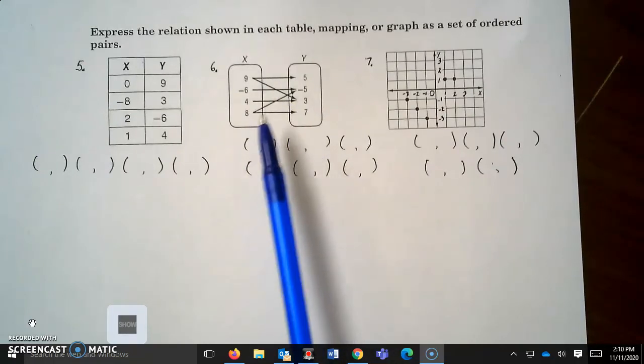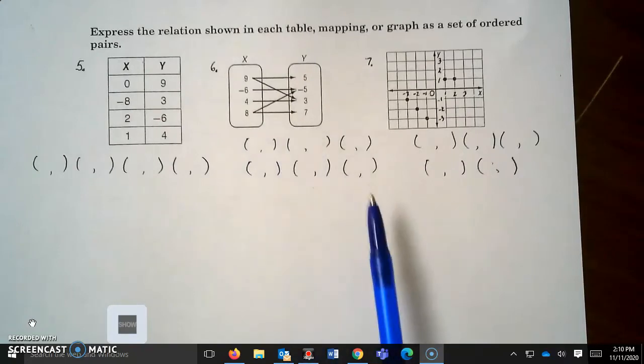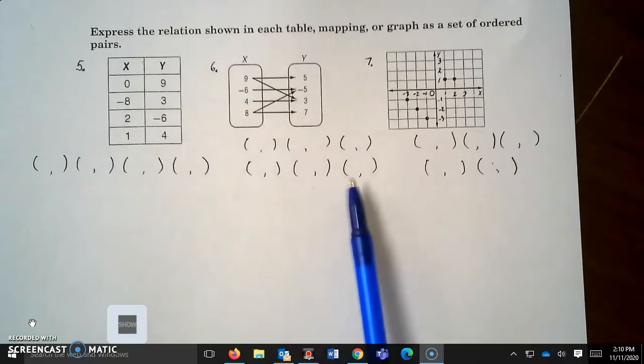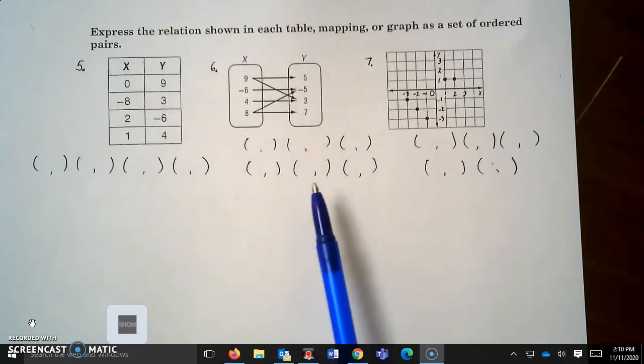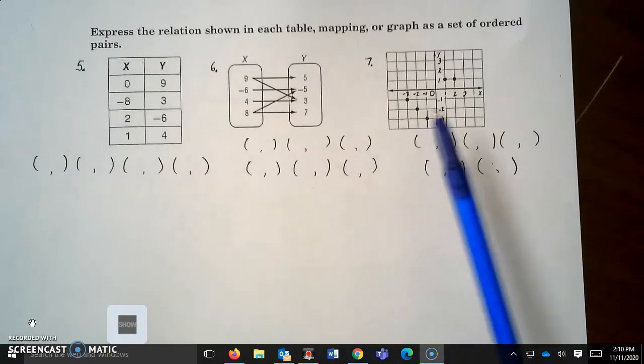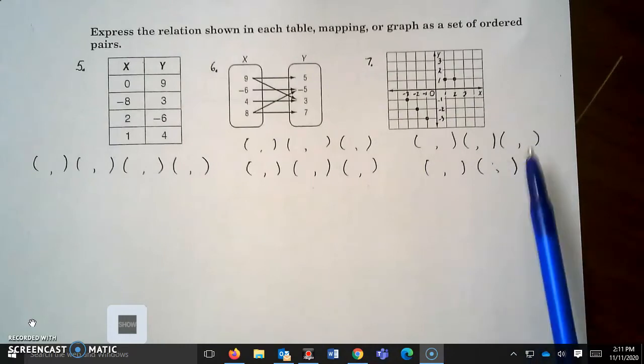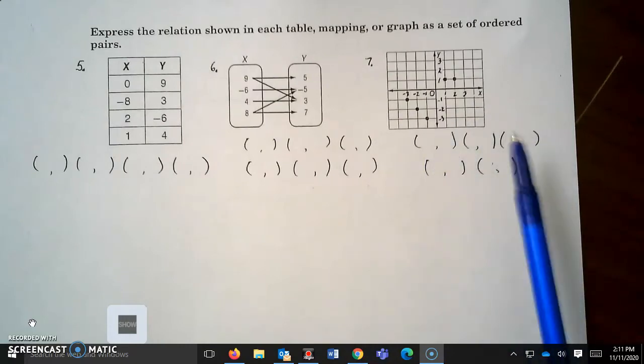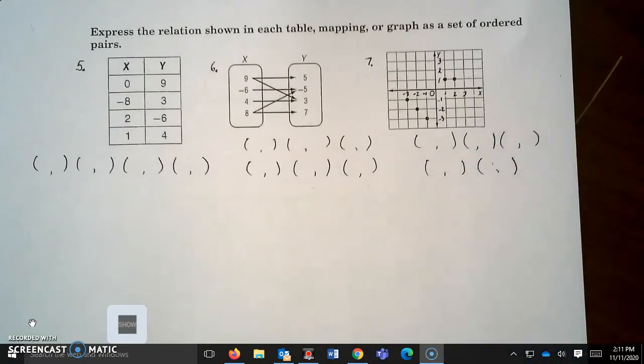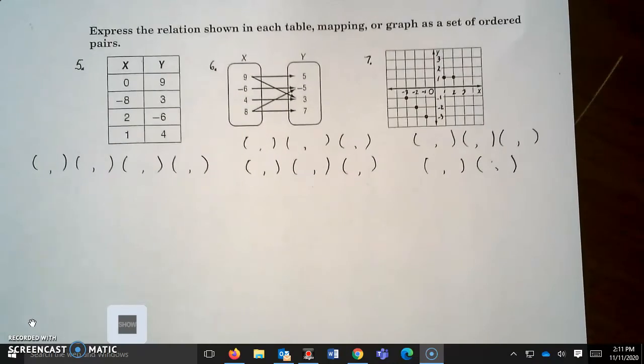And see, 8 also has 2 arrows coming off it. So there will be 2 sets of parentheses that start with an 8. And over here you see 5 points on the graph, 5 sets of parentheses, and here's where I'll find out if you can graph. Actually, it's like ungraphing. But anyway, that's the assignment.